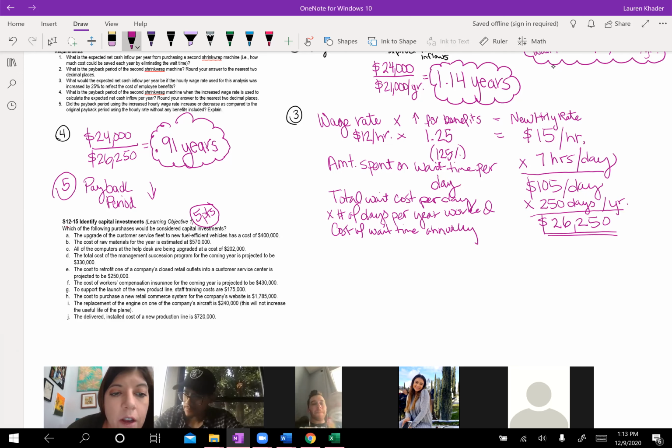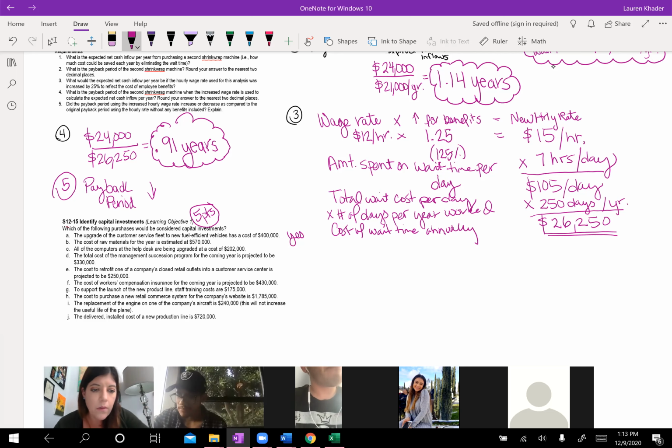A, the upgrade of the customer service fleet to new fuel efficient vehicles has a cost of $400,000. Yeah, that's an investment. It's a long-term investment. They're thinking about purchasing new vehicles. So yes.